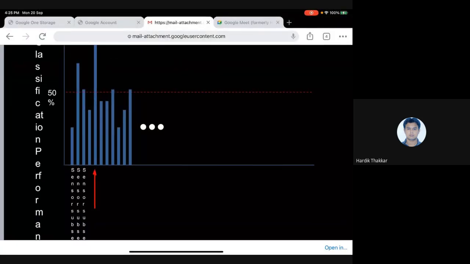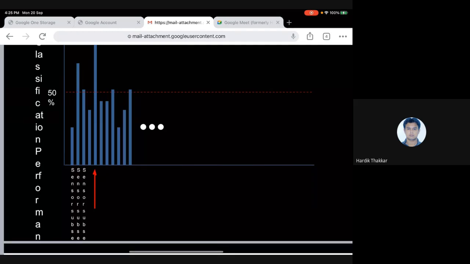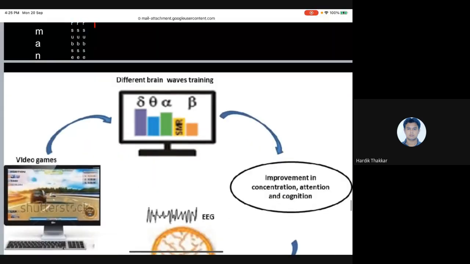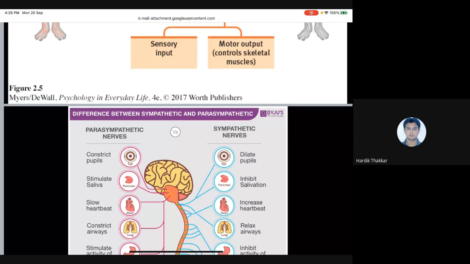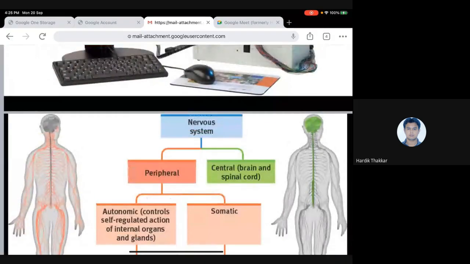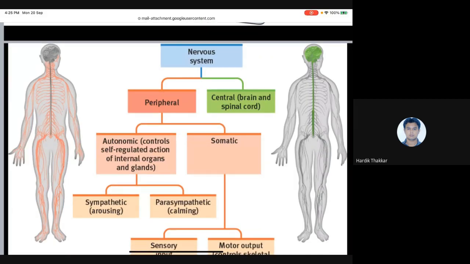Using this kind of fundamental knowledge, you can do very high quality research in your domain, if you are interested in this domain. And I know that this 1.5 hours is not enough to understand everything about EEG. Again and again I'm telling you, please try to understand the fundamentals.